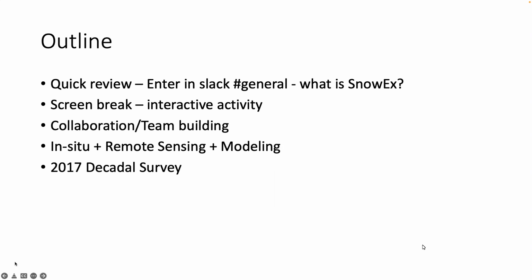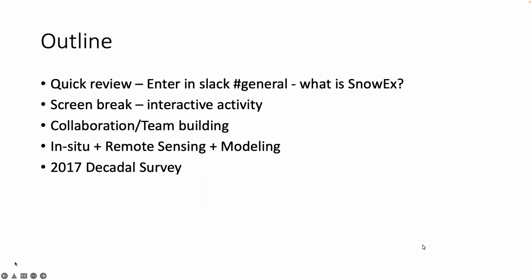That could be within your group or outside, and it's independent of what you're trying to do in your project. Learn something about the people that you're working with that isn't about the work they're doing for SnowEx, to get that personal connection, because those personal connections are what are going to sustain your collaboration over the long term.